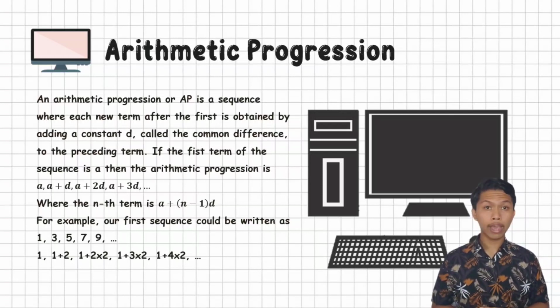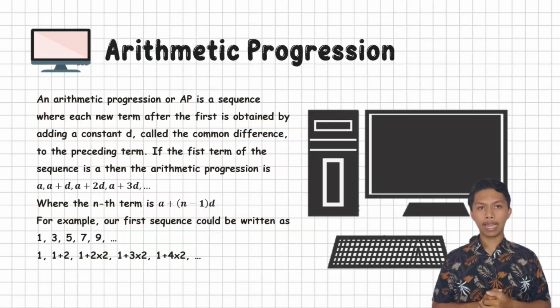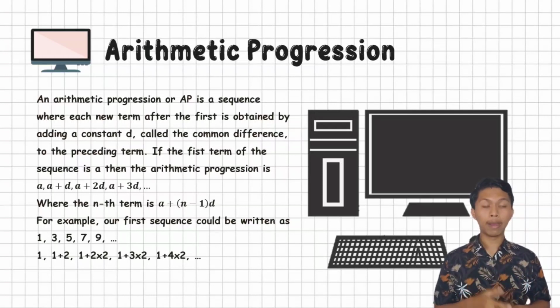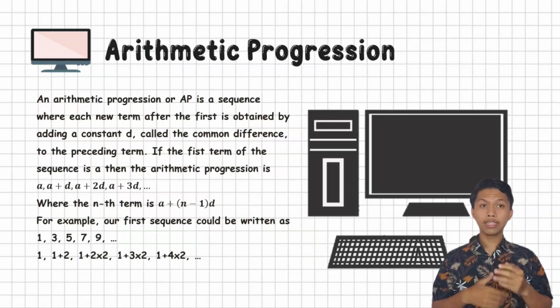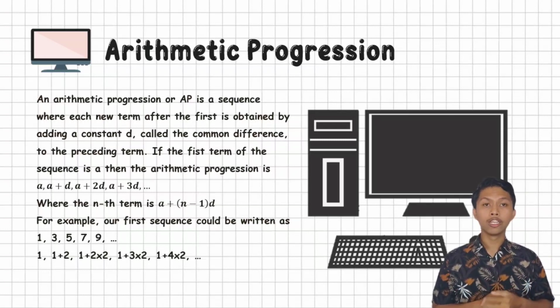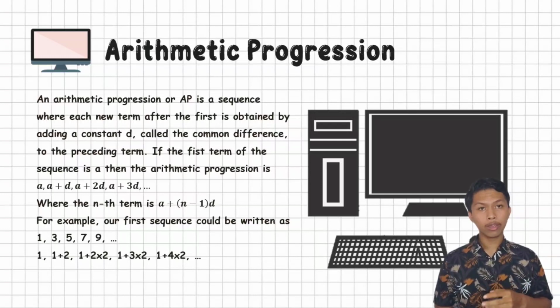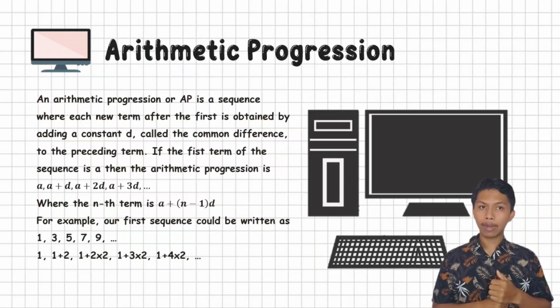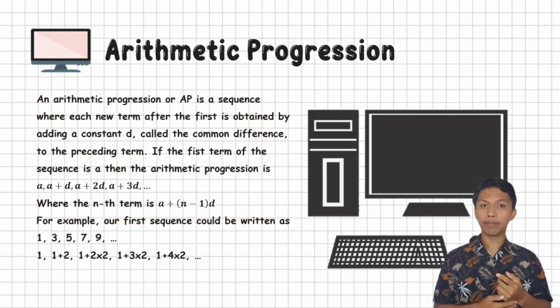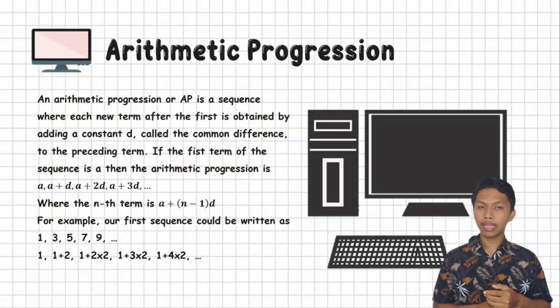And last we have D, obtained by subtracting Un minus 1 from Un. With this notation, the formula for the arithmetic sequence is Un equals A plus the product of D with n minus 1. And for an arithmetic series, Sn equals n divided by 2 multiplied by the sum of A and Un.